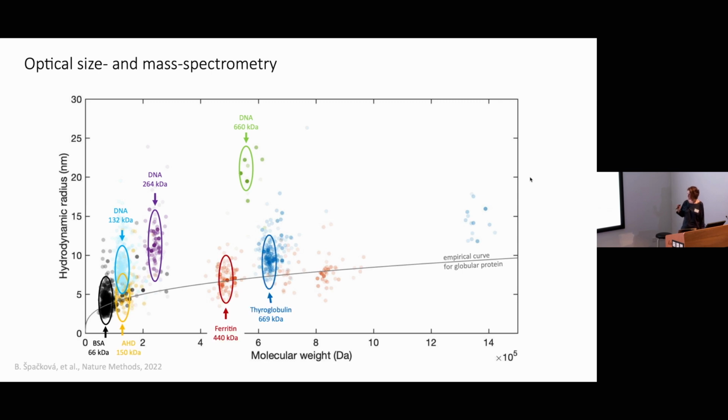What is interesting here is that the dependence of molecule weight and hydrodynamic radius follows a certain line for the proteins, and the DNA follows a different line. I want to say that we were able to distinguish molecules having the same molecular weight but different conformation.